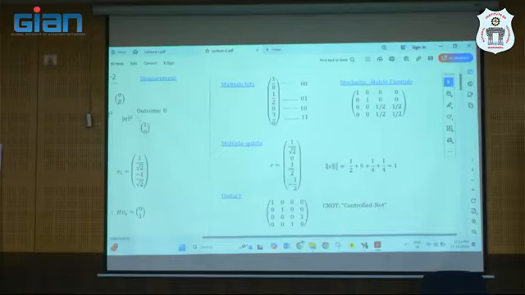All entries are non-negative. Of course zeros can be there, because non-negative doesn't mean they have to be positive. Zeros can be there, but columns are adding up to 1.